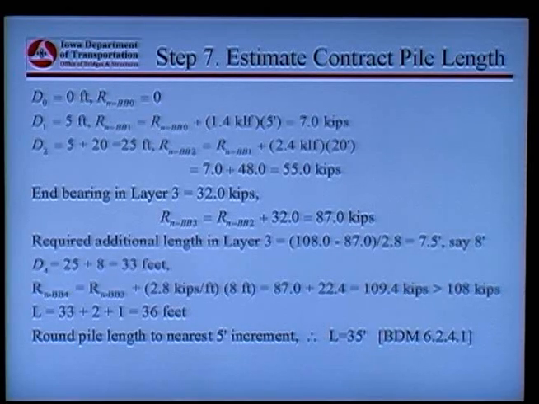So you have the unit friction 1.4 multiplied with 5, which is 7 kips that we just calculated and shown on the table on the previous slides.